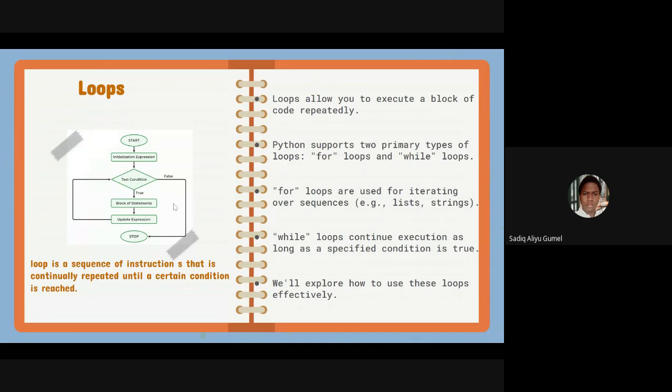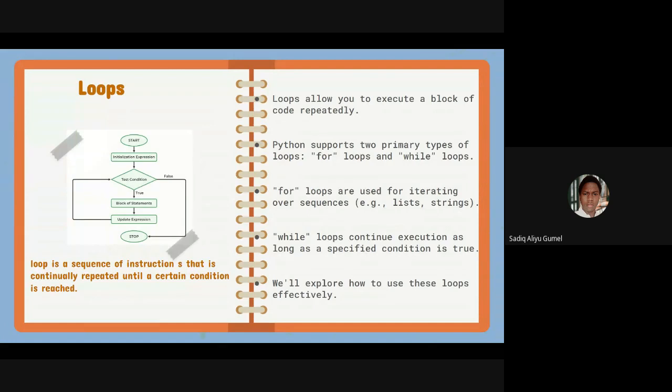Then it will update that expression, maybe to increase or decrease it. Then it goes back to that condition and tests it. If it has been met, then it will execute again until that condition becomes false. Then the code will stop. This gives us a sequence of instructions that is continuously repeated until a certain condition is reached.